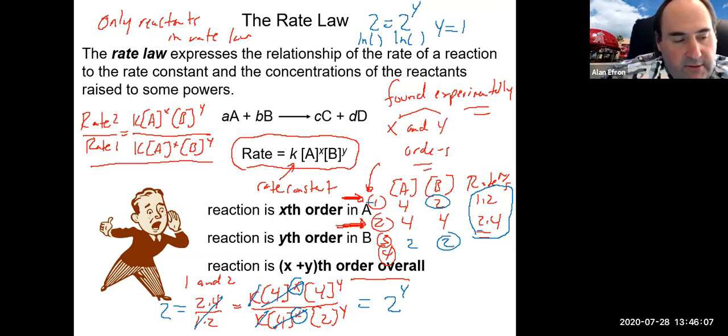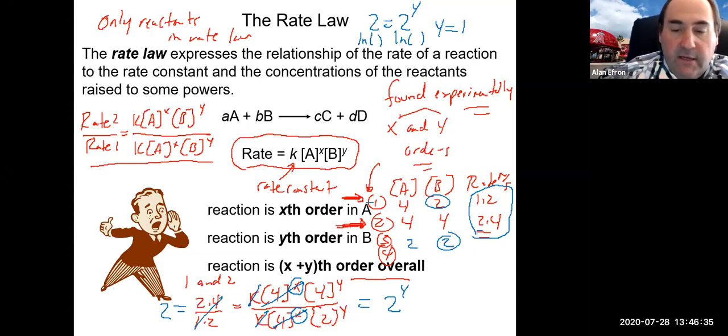What you're looking for are two entries where one of the concentrations remains the same and the other one varies. The purpose of that is, mathematically speaking, when we solve for unknowns, we don't want a ton of unknowns, so we want to minimize the number of unknowns we're trying to solve for. So if you have two reactants, you want to pick entries where one of the reactants remains the same and the other one varies.